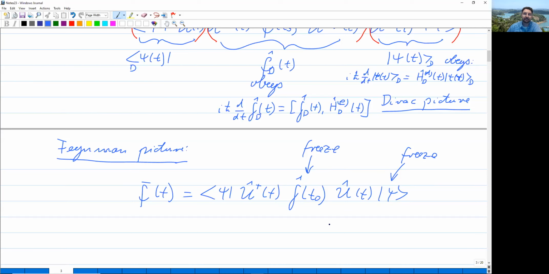Take the equation as it is, with the only time dependence in here. And then simply solve for u hat of t.